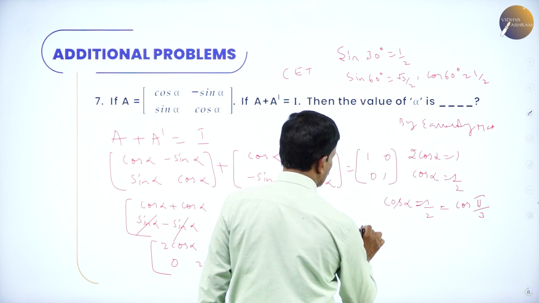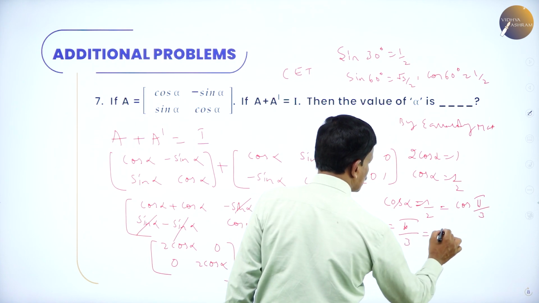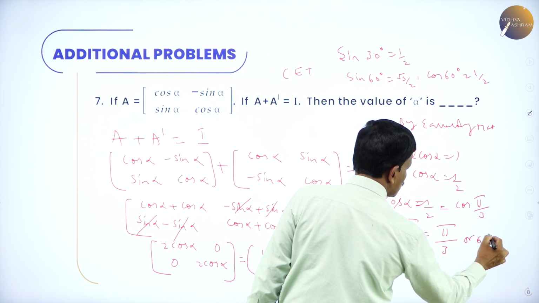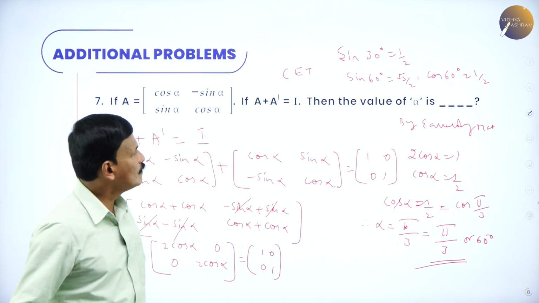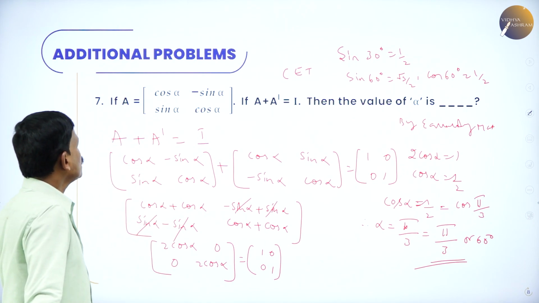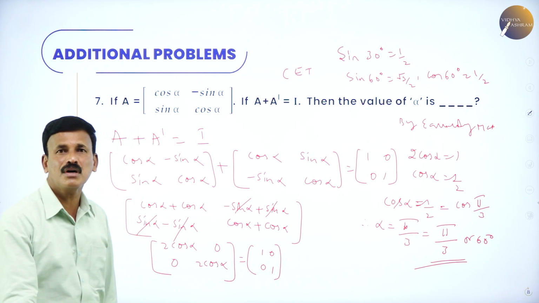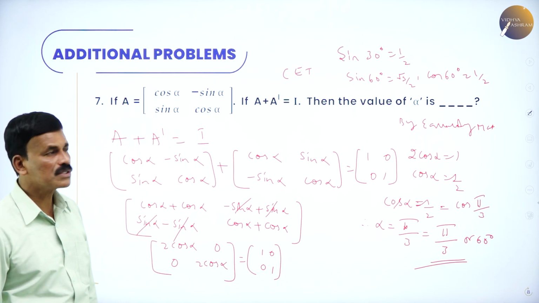Therefore, alpha is equal to pi by 3 radians, that is pi divided by 3 radians or 60 degrees. For alpha equal to pi by 3 or 60 degrees, the given matrix cos alpha, minus sin alpha, cos alpha will satisfy A plus A dash is equal to I. This is a very important problem for 3 marks.